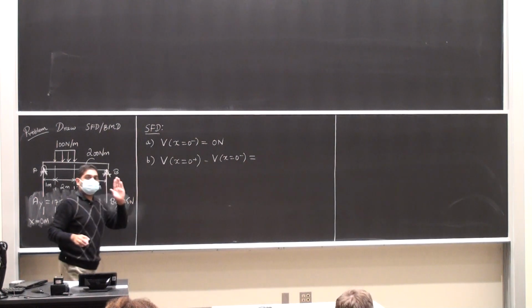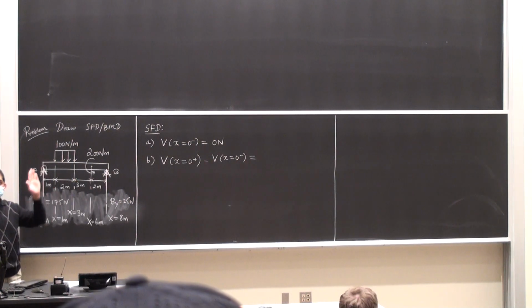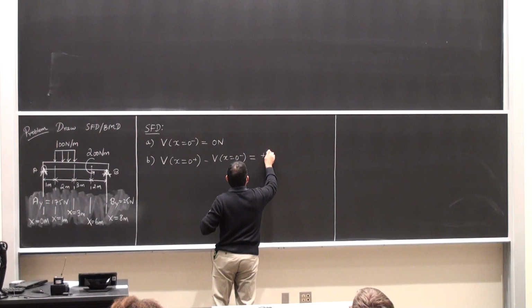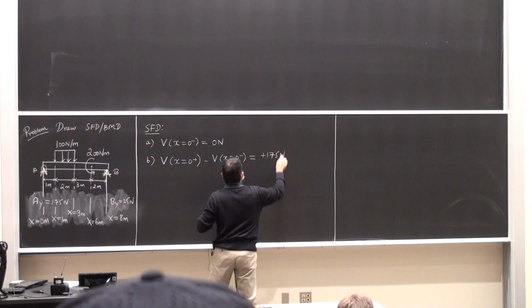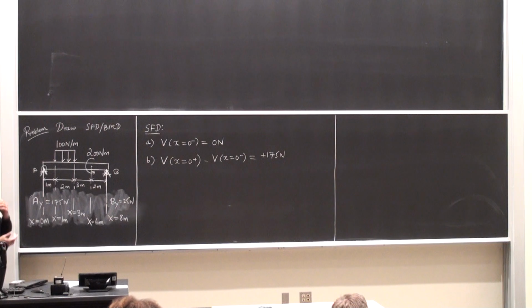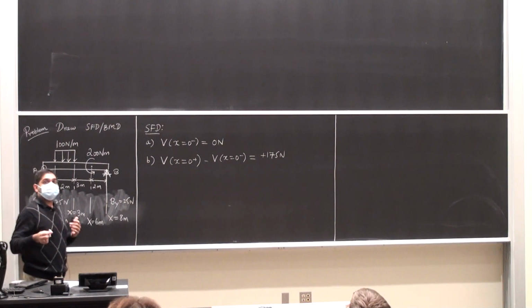If I have a concentrated force, it's going to see an upward jump if the force is pointing in the vertical direction. Okay, so this is going to be plus 175 newtons. V at x equals 0 minus is 0, so V at x equals 0 plus is 175 newtons.